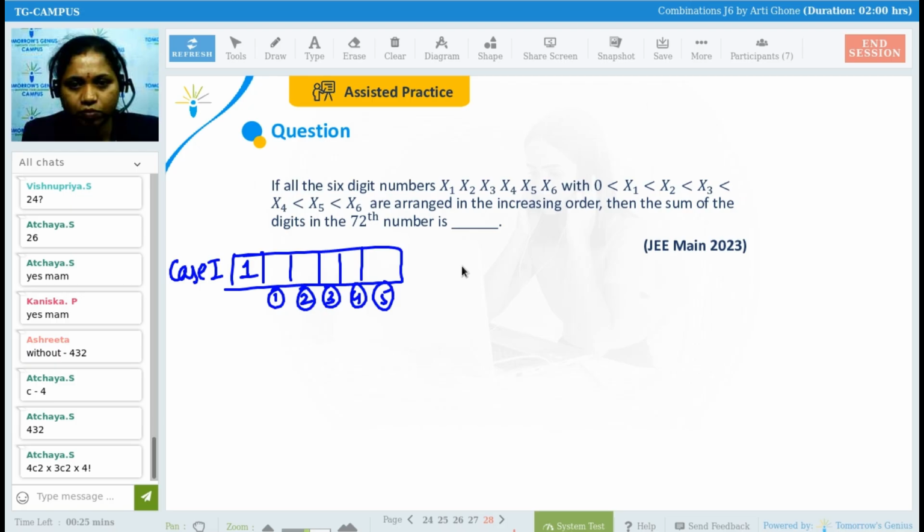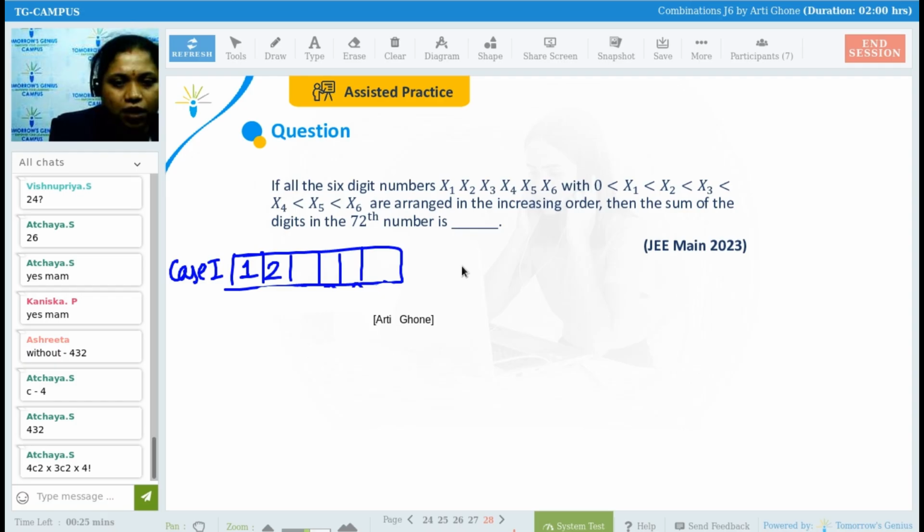One minute. There is something missing in the question, I guess. Okay, so repetition is not allowed. So we are starting with 1, 2. Clear? As 1, 1 is not a valid case, we are starting with 1, 2. So what will be the answer? Tell me. How many places are left? 1, 2, 3, 4, 5, 6.